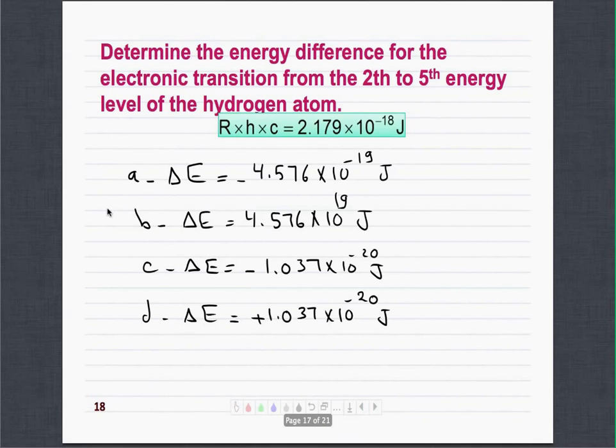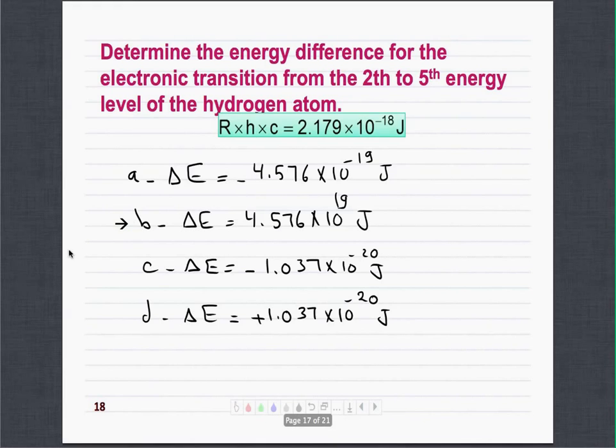Now, I'm not sure how many chose it. If you chose C or D, what you did is a calculation mistake, which is the following. You thought it is 1 over 5 squared minus 2 squared. This is what you plugged into your calculator, and that's wrong. Don't do that, because most of you would do this in the exam.